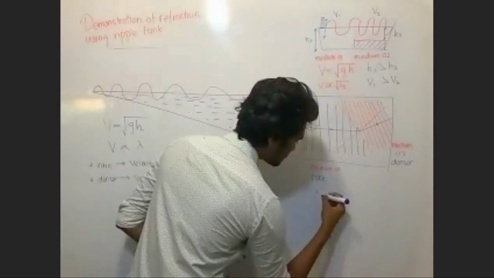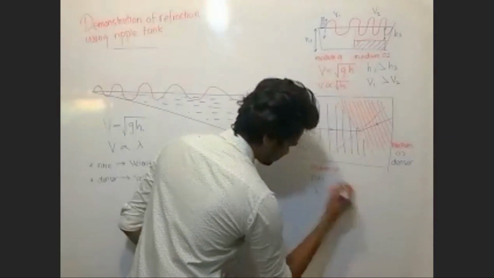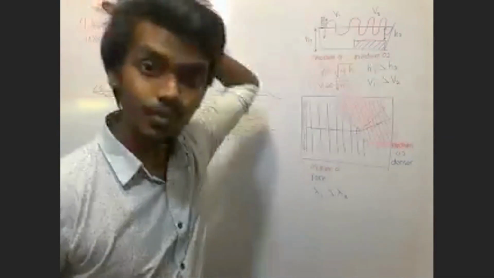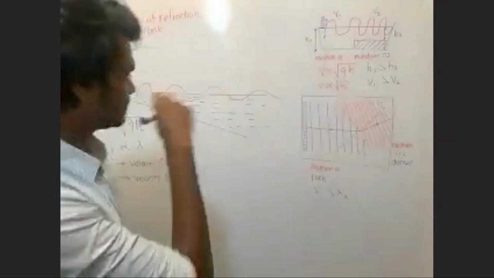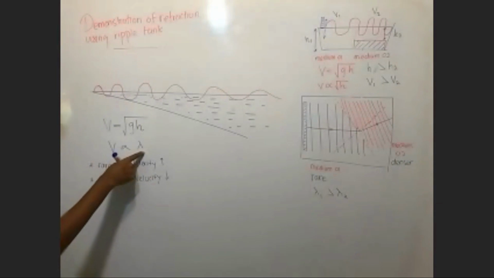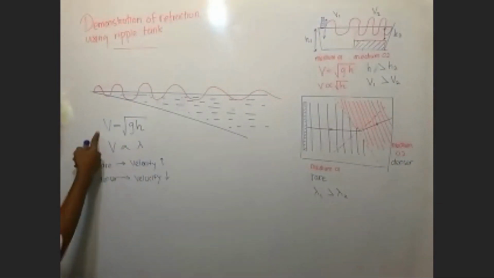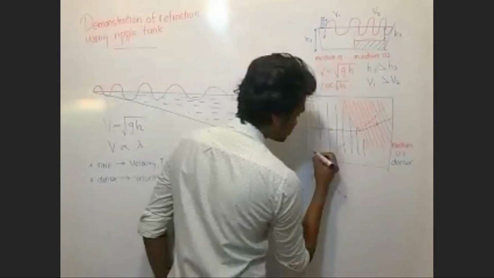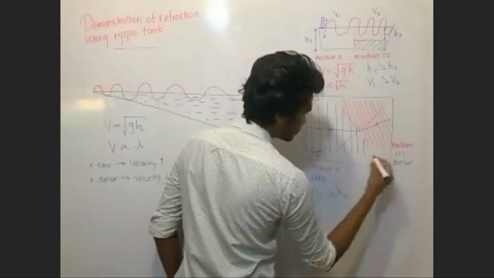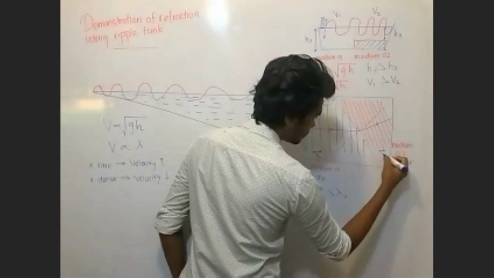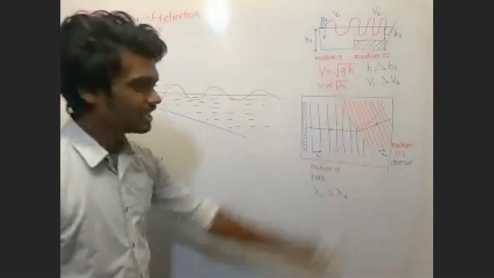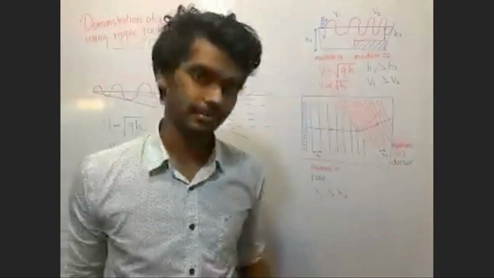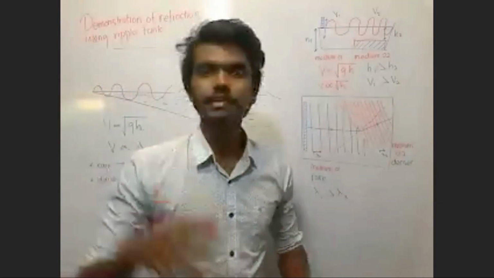What about lambda? When velocity is higher, according to V equals f lambda, V is directly proportional to lambda. When velocity is higher, lambda is also higher. So in this, lambda 1 is higher. Here, lambda 2 is lower. You need to definitely draw it in this way. If not, 100% it's incorrect. They will mark it as wrong.